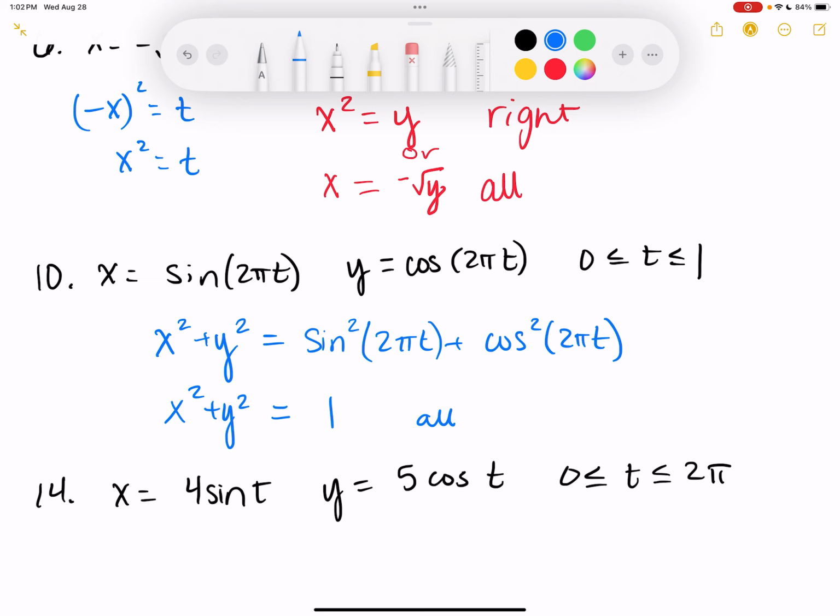Ellipse. Why? Well, because the A thing isn't the same, so one of them's A and the other's B. Yep.